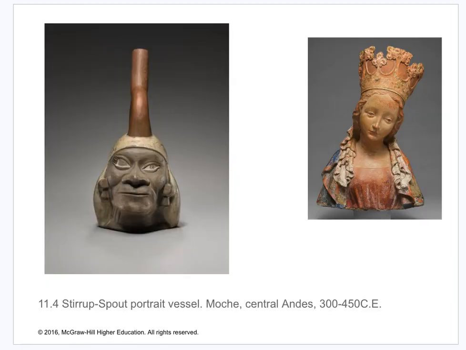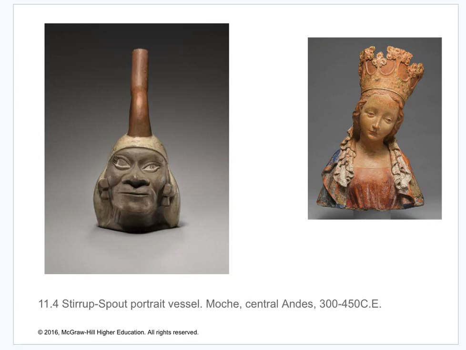So our first example of modeling, and these were both done with clay, is a stirrup spout portrait vessel from the Moqui in Central Andes. This is like Peru, and this stirrup spout vessel is a very common form for South America and also North America, some of the more ancient cultures that inhabited those areas.